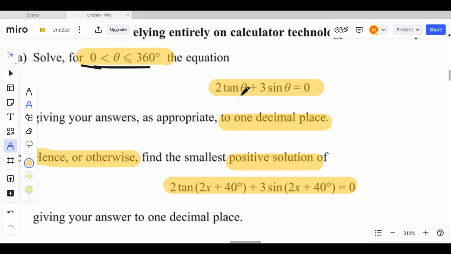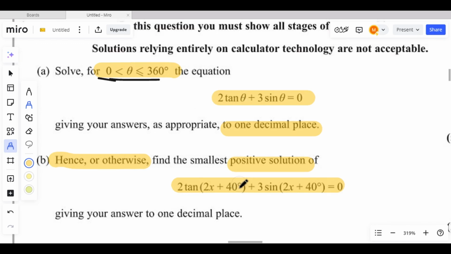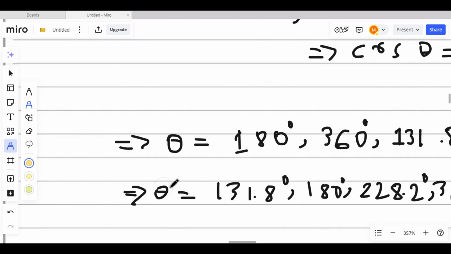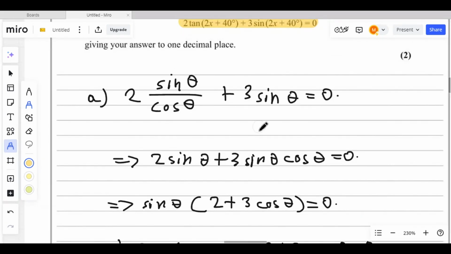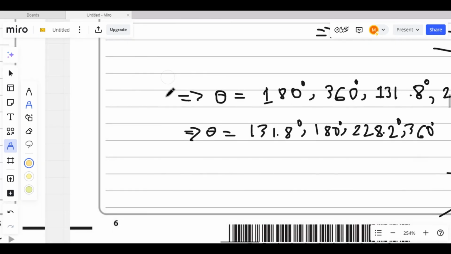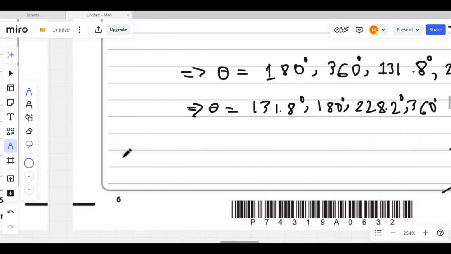In the previous question, it was just tan theta. In place of theta, they have just substituted 2x plus 40. So in place of theta, we can put twice of x plus 40. For part B, we can put theta equals 2x plus 40.